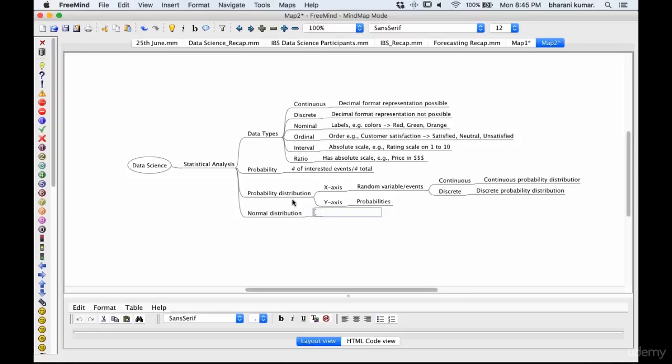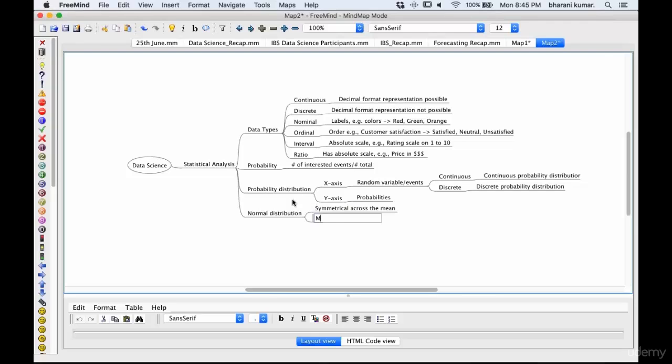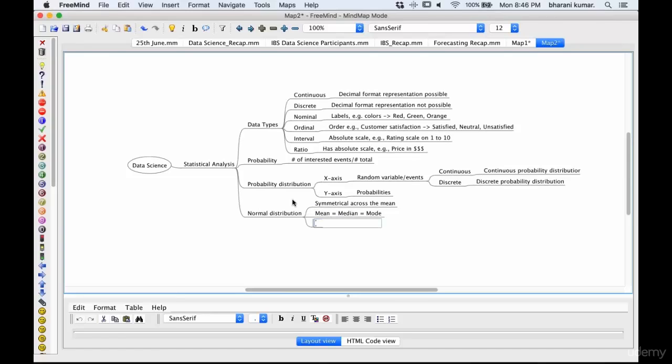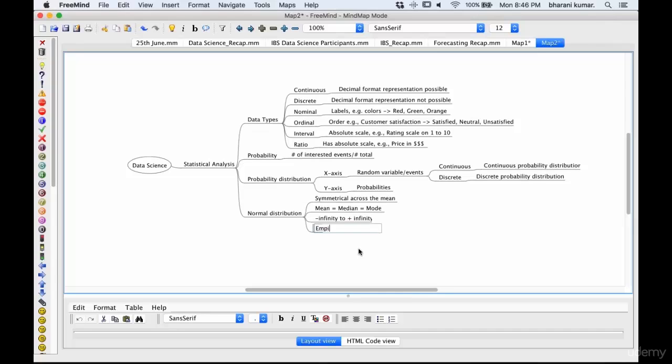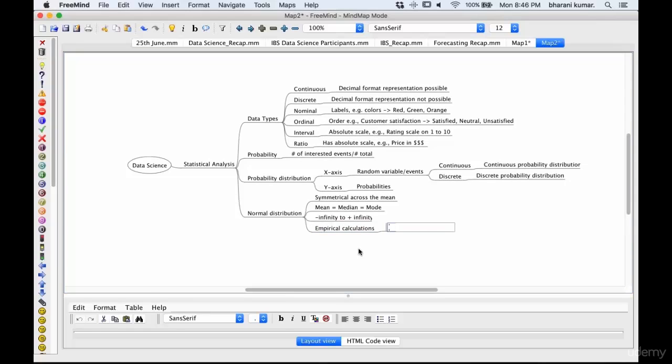The properties of normal distribution are that it will be symmetrical across the mean. Mean will be equal to median, which will be equal to mode. And it ranges from minus infinity to plus infinity. And we have some empirical values.